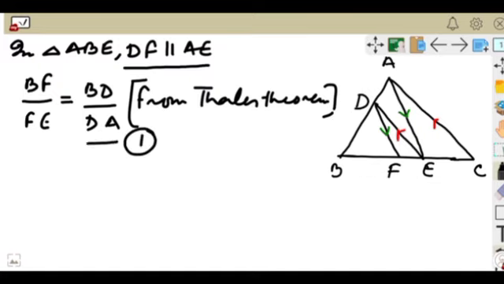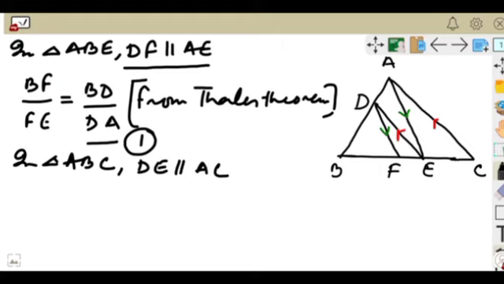Next I'll write, in triangle ABC, DE is parallel to AC. So let us use the Thales theorem here.